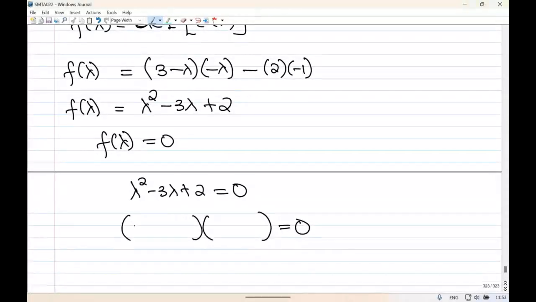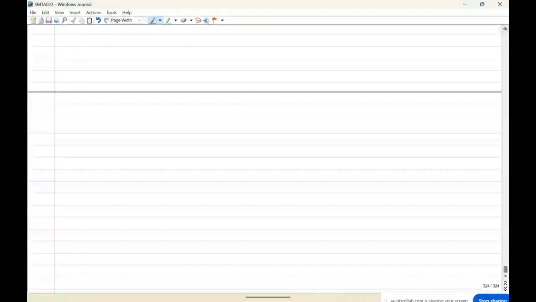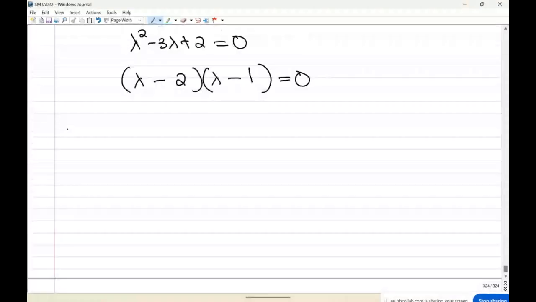Negative 2, lambda minus 2. Very good, class rep. Lambda minus 2 and then lambda minus what? Minus 1. Can I get a yes from you that these lambdas are what? These lambdas are eigen what? Eigenvalues.